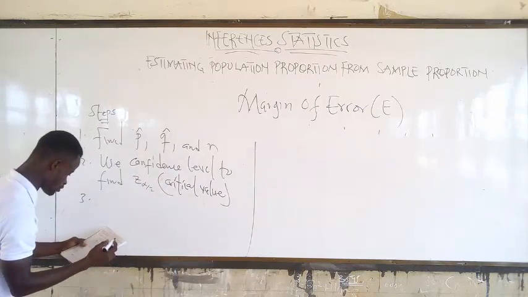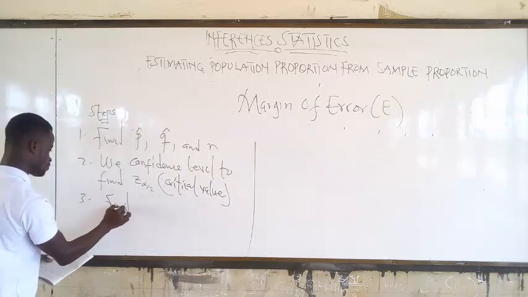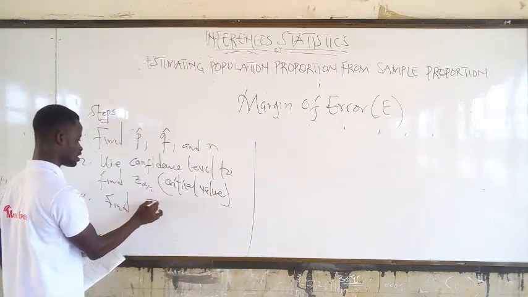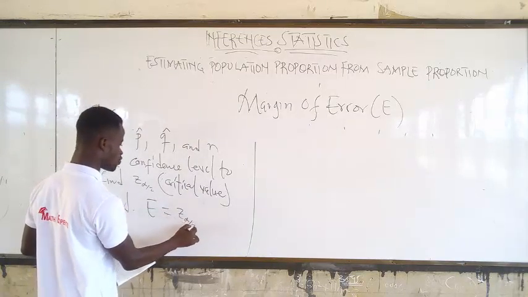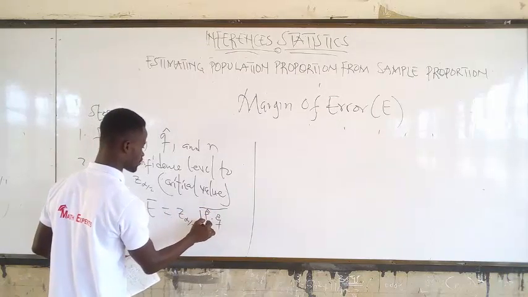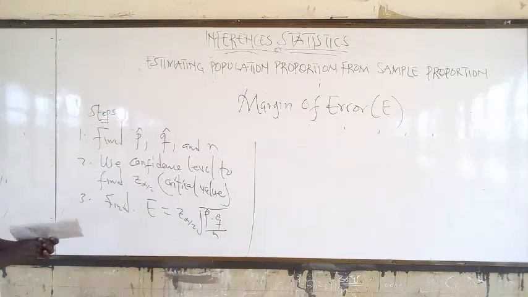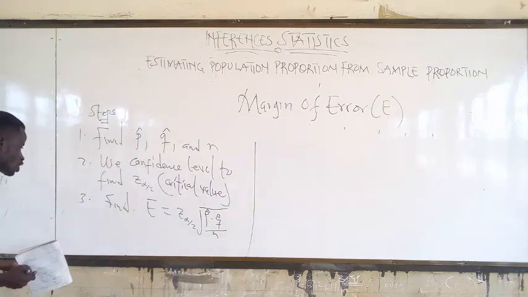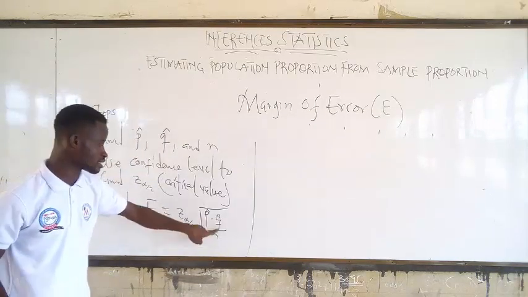Alright, let's move on. So now the third step is where you find the margin of error, which is Z alpha over 2 times the square root of P hat times Q hat, all this over what? N. Alright, so after getting this, that, then that. Because once you know this, it is easy. That's all.